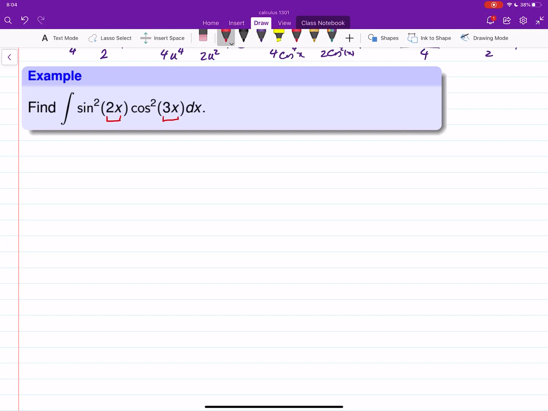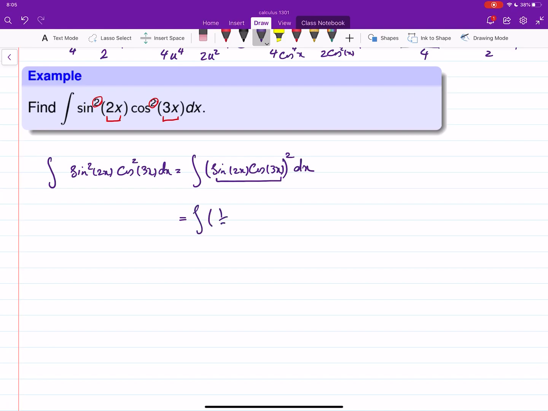But what about the powers? There are powers here. Well, since the powers are the same, the first thing I can do is write one power only for the product, and then use the product formula over there.